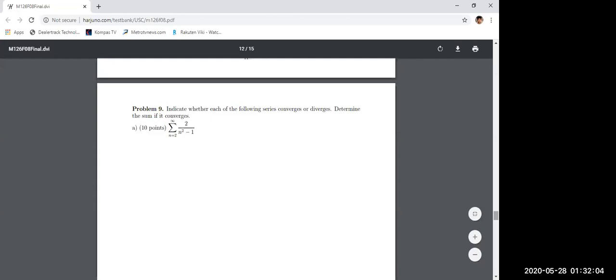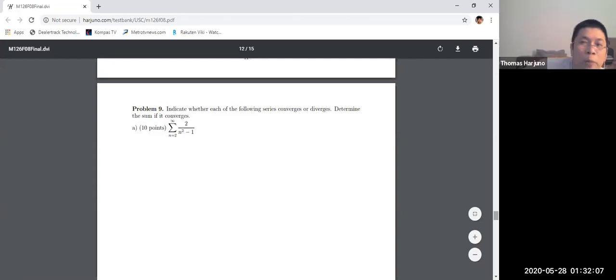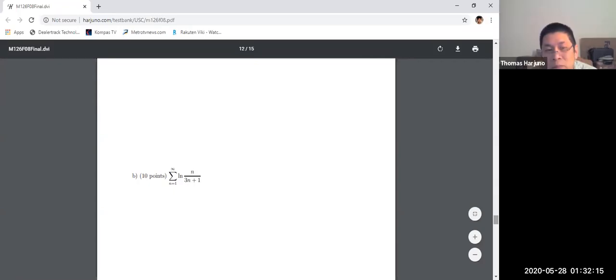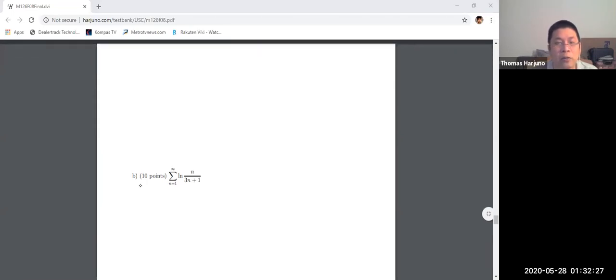Telescoping, partial fraction decomposition. Okay, how about this one? Still telescoping, actually. How do you do that, just by looking at it? Oh, of course, experience.